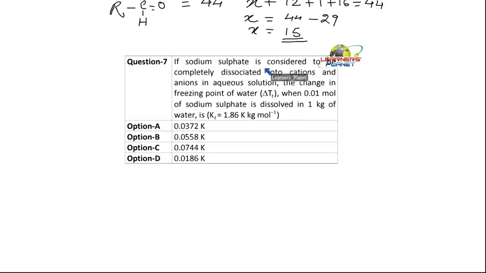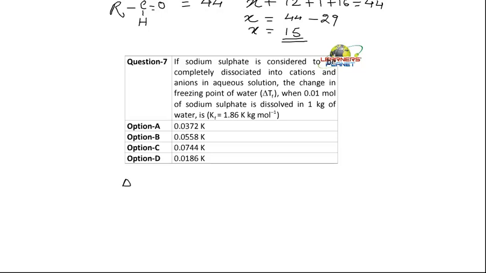If sodium sulphate is considered to be completely dissociated into cations and anions in aqueous solution, the change in the freezing point of water when 0.01 mole of sodium sulphate is dissolved in 1 kg of water is... Now you have to find out the change in the freezing point, right?